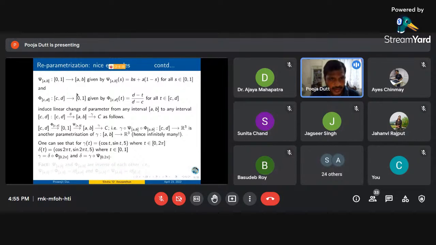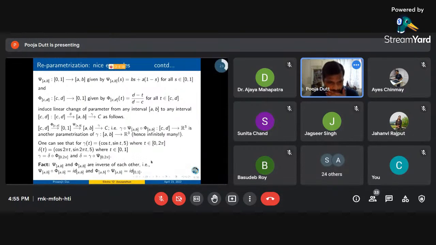Now one can check this, the way we have formed this psi and phi, they are inverse to each other. Means if you compose psi with phi, it will be identity, and phi with psi again, it will be identity. So that's why you can get delta also from gamma.